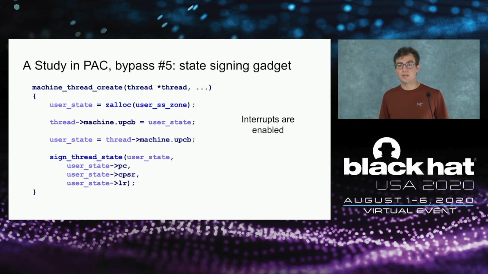And this is problematic because as you recall from before, sign thread state only protects your PC, CPSR, and LR registers. And yet the 4 arguments to sign thread state are passed in registers X0 through X3, which are not protected registers and therefore could be modified if an interrupt is delivered directly before the sign thread state operation.